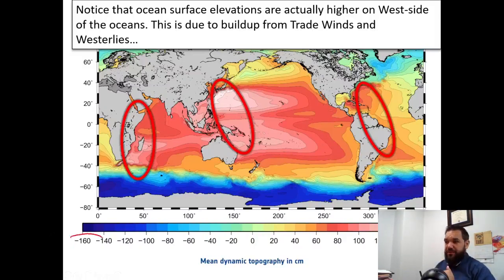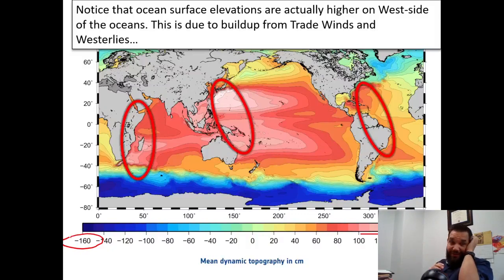You can see the maximum range of this is 160 centimeters plus or minus. So you're really only talking about a 320 centimeter range. Okay, that's not very big. That's about 3 meters, about 10 feet. Okay, a 10-foot range. So that's what I mean by the hills and the valleys. They're not big hills, but they're little hills, but they're there.